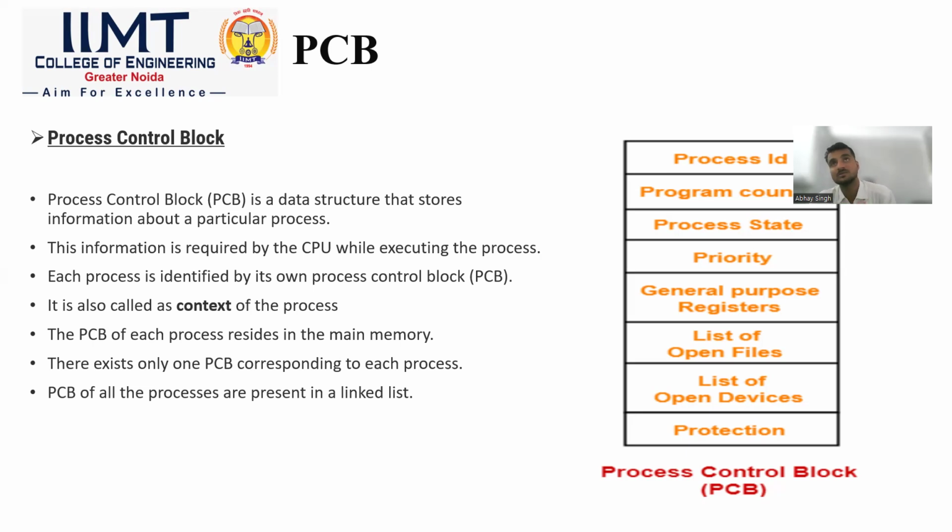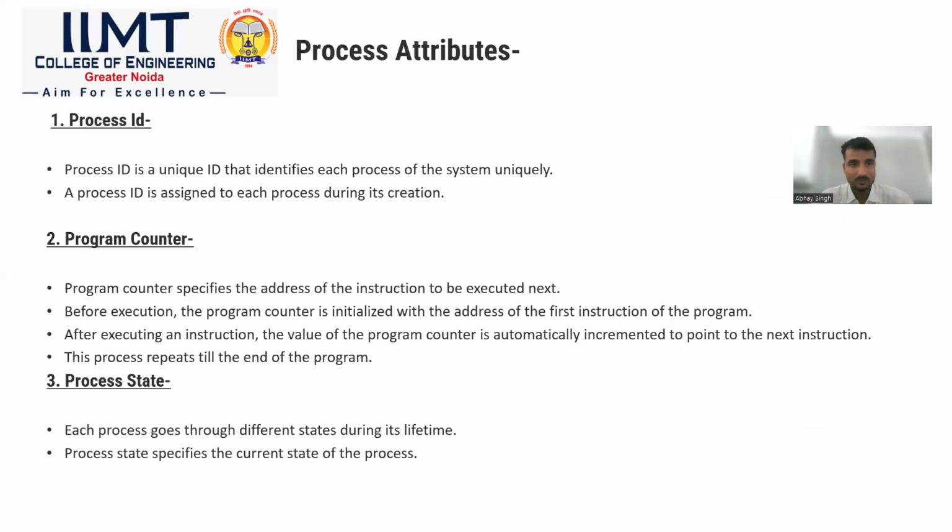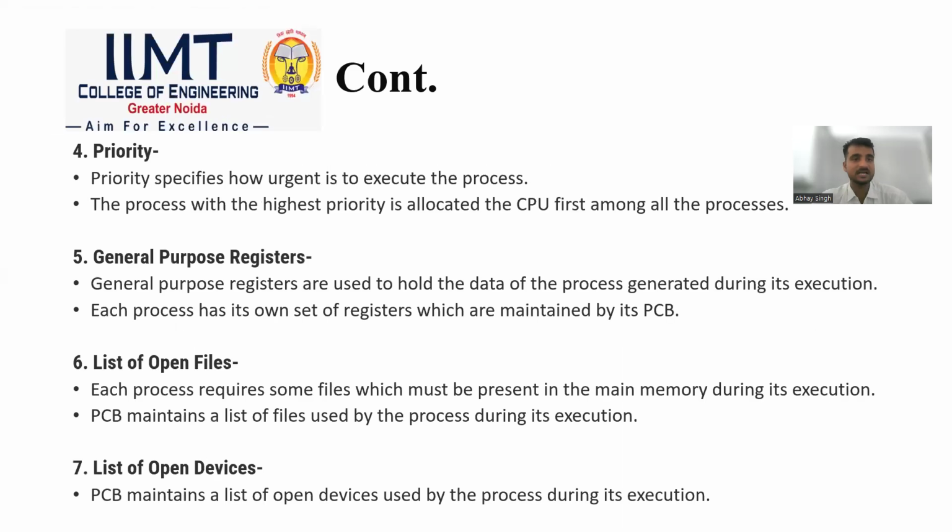Each process has its own process control block. If there are 10 processes in the main memory, then 10 process control blocks are created by the operating system and kept in the main memory. Process ID, program counter, process state, priority, general purpose register, list of open files, and list of open devices are the attributes of the process control block.